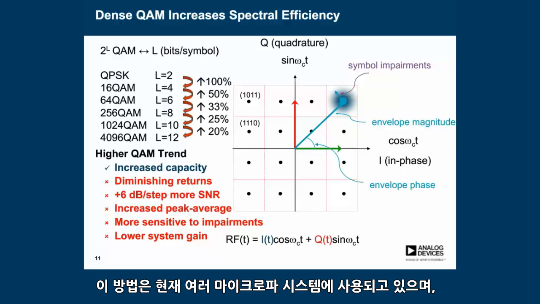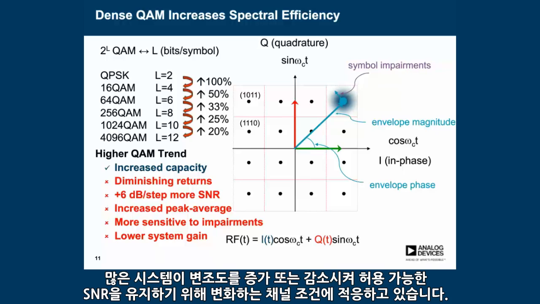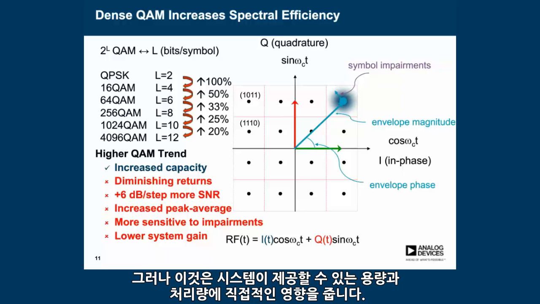To a limit, this method is used today in many microwave systems, and high-performance gigasample per second converters are enabling systems to be designed with higher order modulation like 1K and 4K QAM. Many systems will increase or decrease the modulation depth to adapt to the changing channel conditions to maintain an acceptable amount of SNR. This, however, will directly affect the amount of capacity and throughput the system can provide.